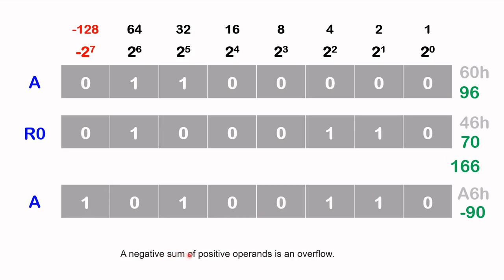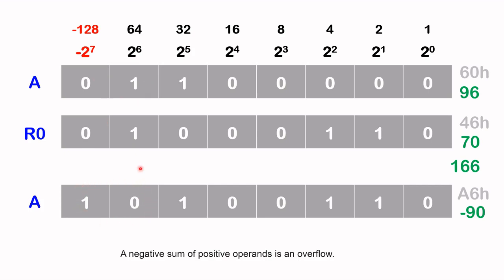So a negative sum of positive operands is an overflow, and you get an overflow because you're not getting this value, you're getting this. So that would trigger the overflow flag. Now the other thing to notice is that there is a change in bit from 6 to 7. Alright, that is another indicator that an overflow has occurred.